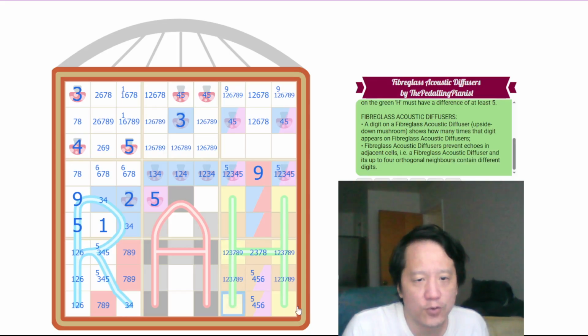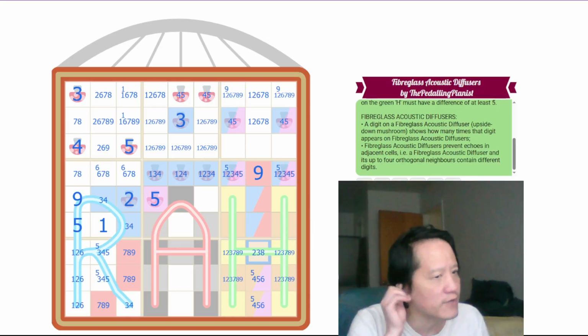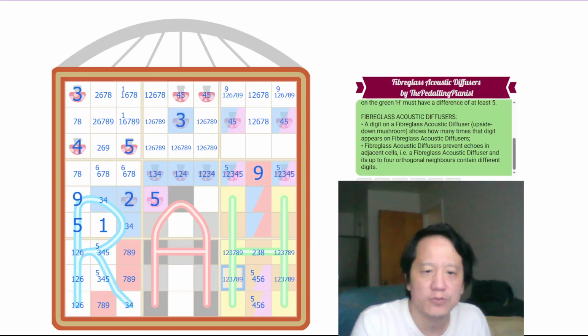So if 4 were here, that means 3 would have to be one of these 2, and 3 would have to be next to the 9 and the 8 necessarily. So this cannot be 7 here. If we have that as 7, it would be next to a 3 on the Whisper 5 line, and that would not be possible. So if these are high, the 8 has to be here.